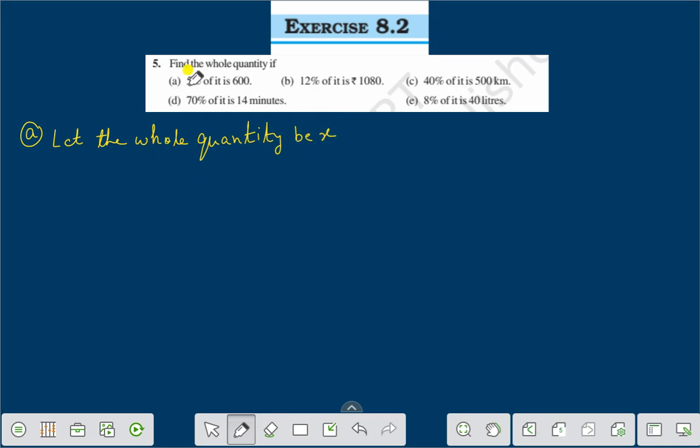Therefore, according to the question, 5% of x is equal to 600.